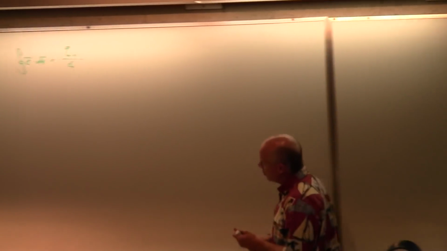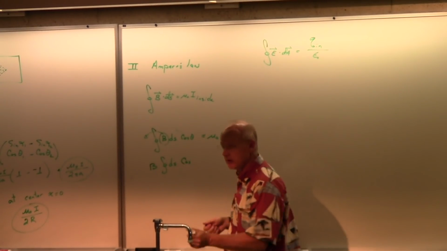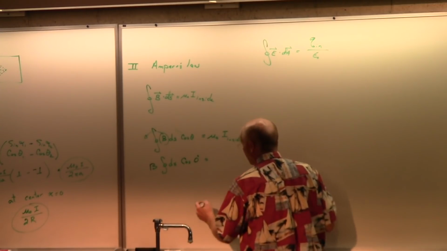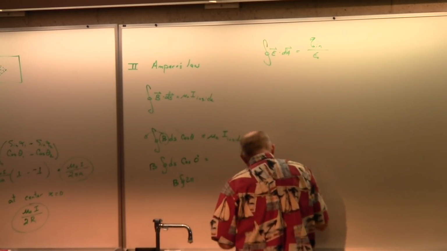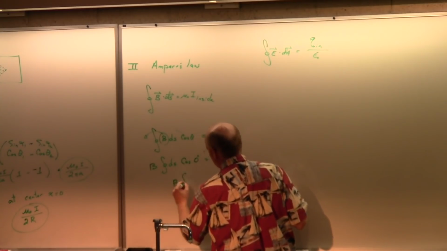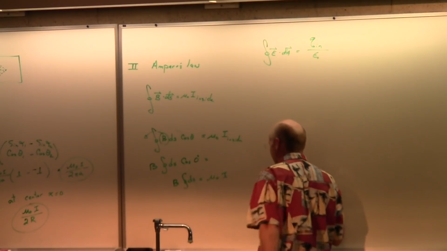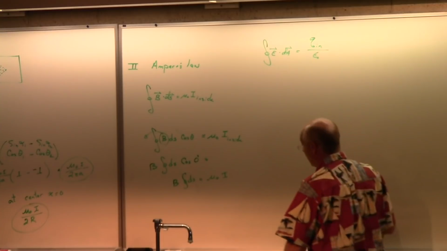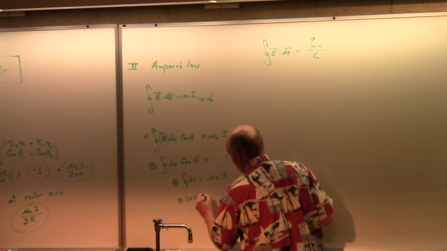So as I go to add up around the loop, B and ds are in the same direction, aren't they? And so that's cosine of 0. And so now I can finish the calculation by just writing this as the integral around the loop equals μ0 times I. The current inside is all the current, and the length around the loop just becomes 2πr.